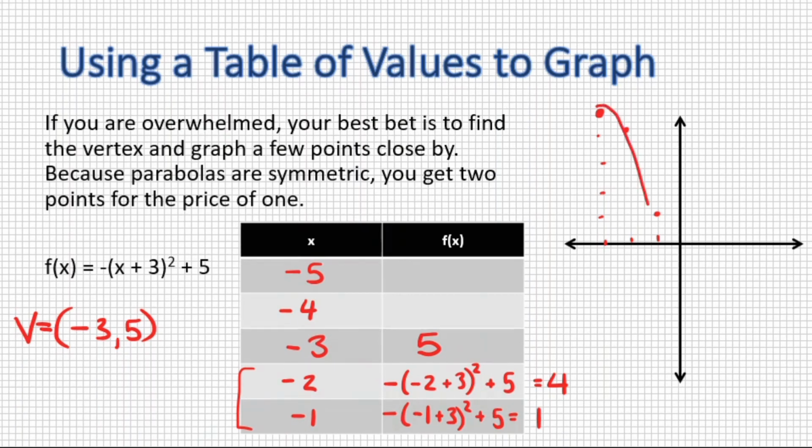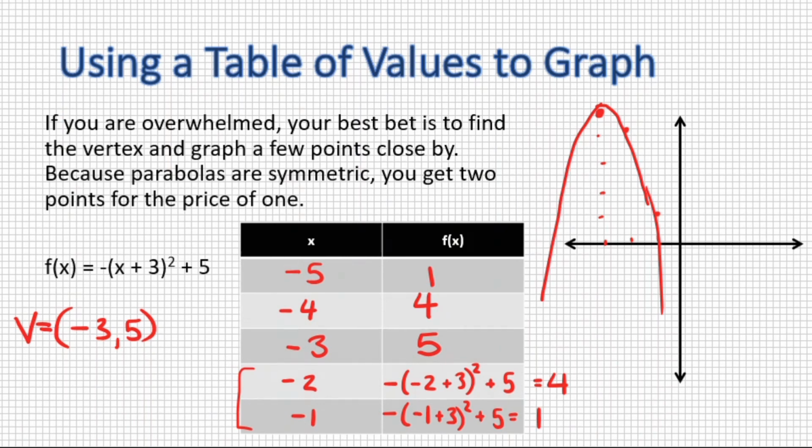Parabolas are symmetrical. What does that mean is happening on the other side of the parabola? Same pattern. So you can find 3 points, then find 2 more with no work, and graph that way.